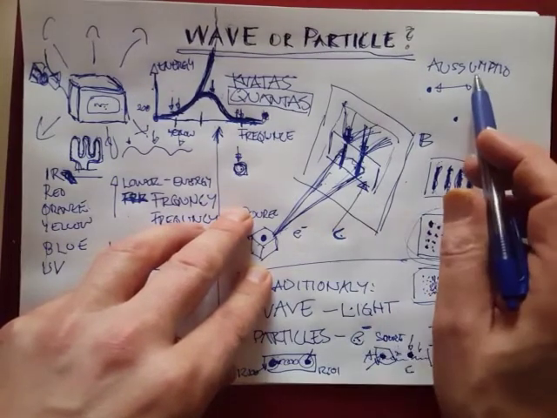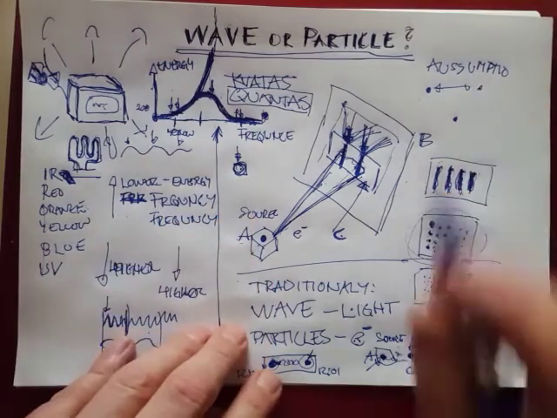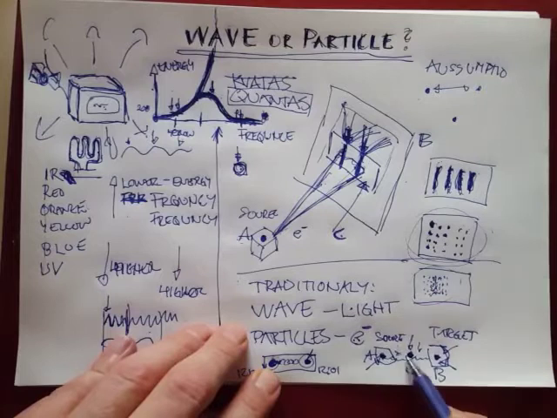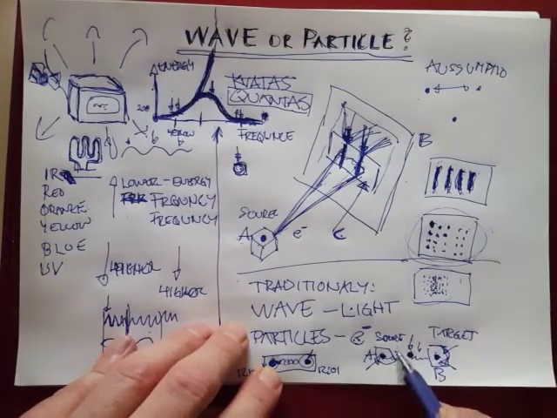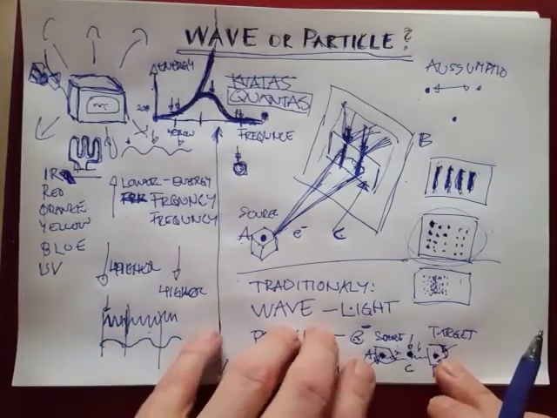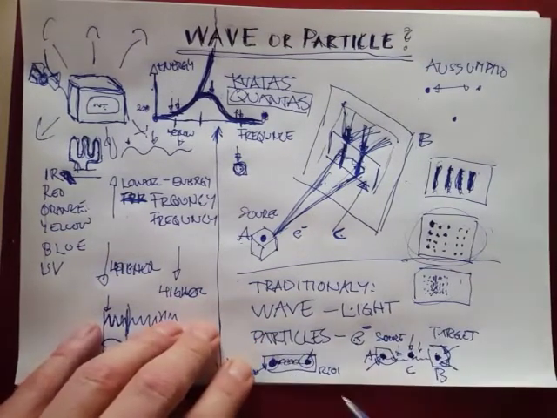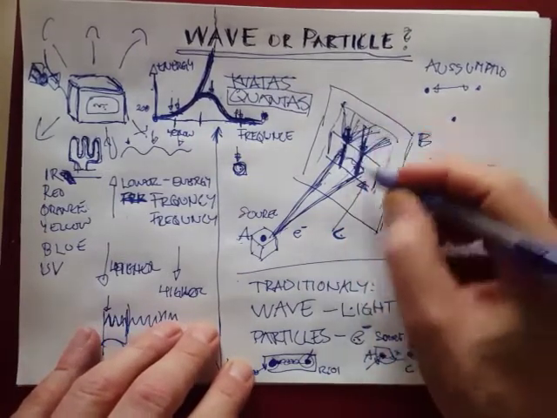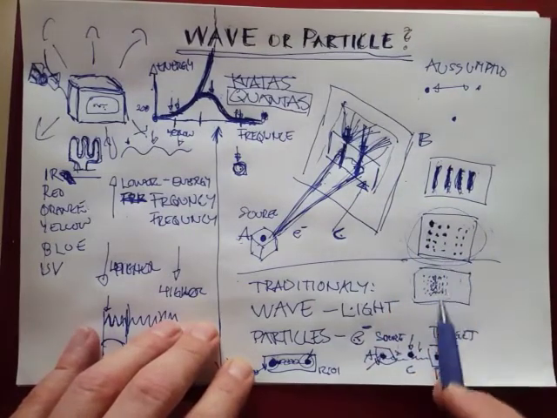And if we use an assumption of persistence of existence, then we may say, okay, so it was a particle that went from here to here. It was a particle that went from here to here, and a particle that went from here to here. But I've explained in previous videos that you can't use that assumption that it's a particle that moves here, because it would not create the interference pattern.